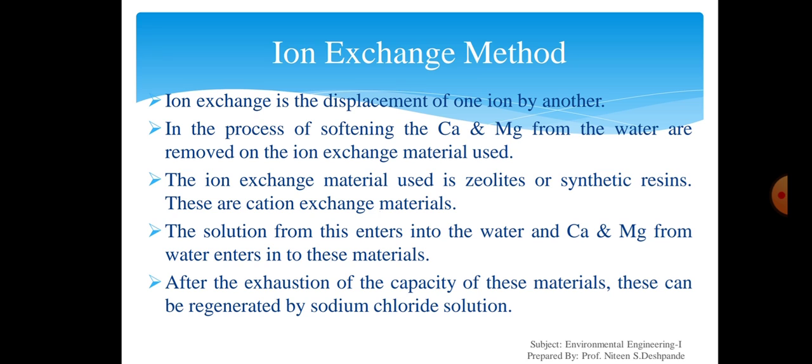Okay, so now we'll move towards the second method, that is the ion exchange method. Now ion exchange is a displacement of one ion by another ion. In the process of softening, the calcium and magnesium from the water are removed on the ion exchange material which is used.